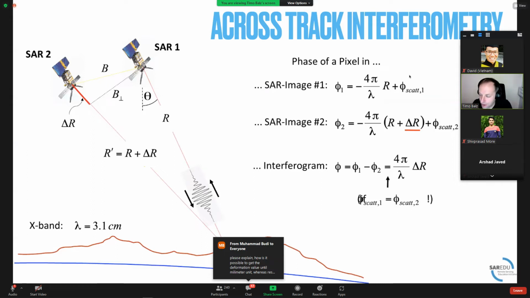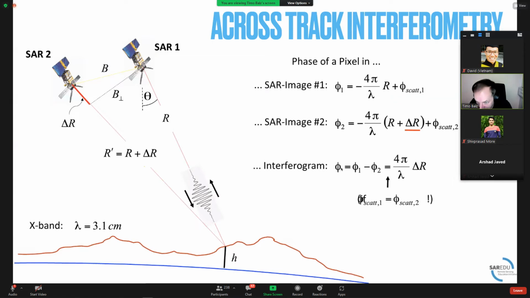So we also have a component of phase change from the scattering. Similarly for SAR image 2, but instead of R, we can separate that into R plus delta R, where delta R is the difference between these two ranges. It's just to make the next equation mathematically more beautiful.